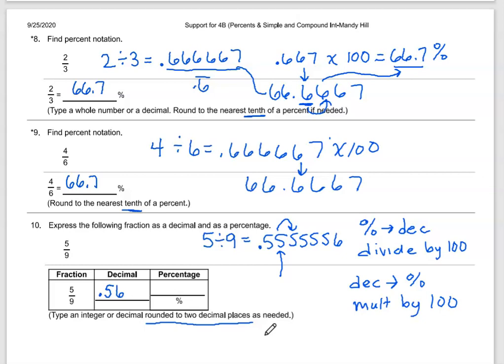Okay, now, this is a little bit tricky because they also want us to round the percent to 2 decimal places. So while this is on my screen, I need to change my decimal to a percent, so I need to multiply this by 100. Well, that's going to get me 55.55556, right? I don't want to use my rounded number because then it's going to mess up this rounding, because I've got to round to 2 decimal places.